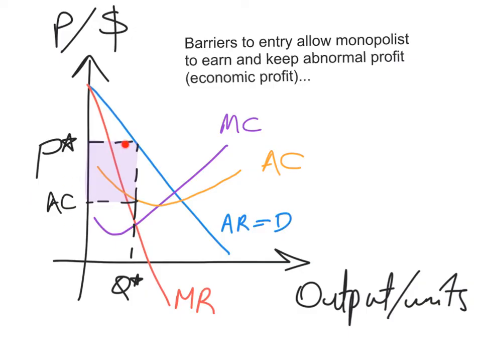Now, that box shaded in light purple here is the economic profit that the monopolist is earning. Remember, because it's very difficult for competitors to enter the market, these barriers to entry allow the monopolist to earn and maintain this abnormal profit or economic profit.